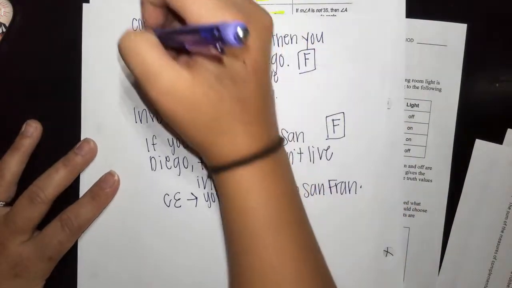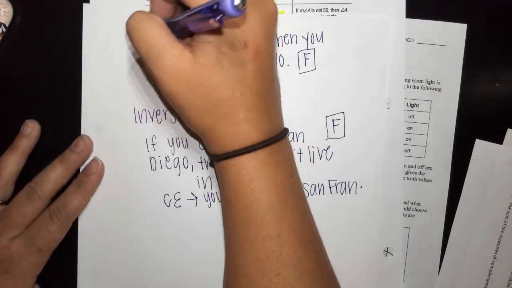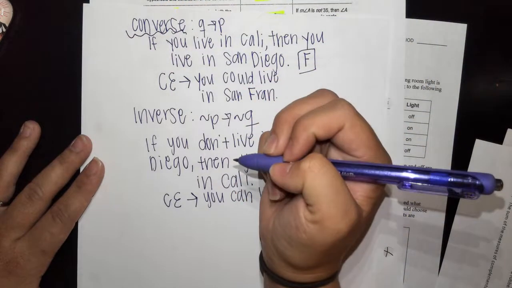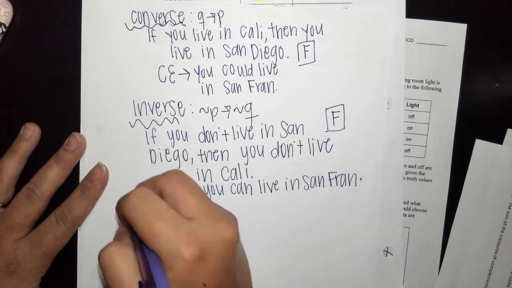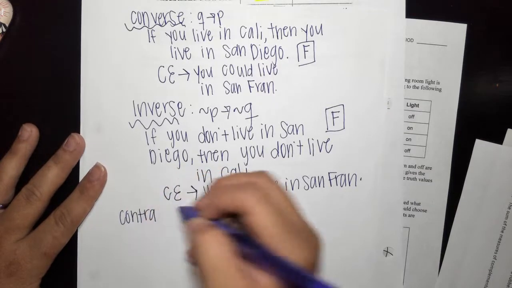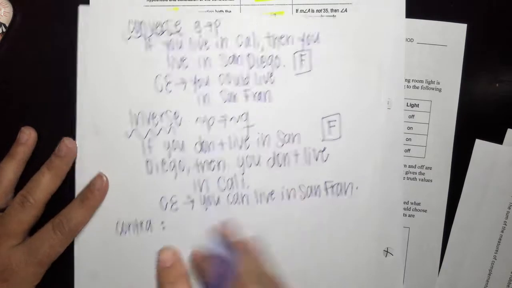So we have written the converse, the inverse. Now let's write the contrapositive. Sometimes I just shorten it to contra, because that's a long word.